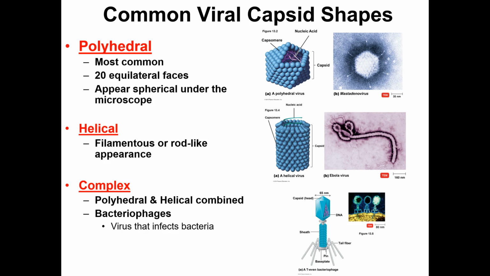Now, the next shape is helical. Okay, now think helix, think coil or spring. So here, that protein is just coiled up. Most of these guys look like filaments, rods. And the nucleic acid core, if you're curious, is coiled within as well.